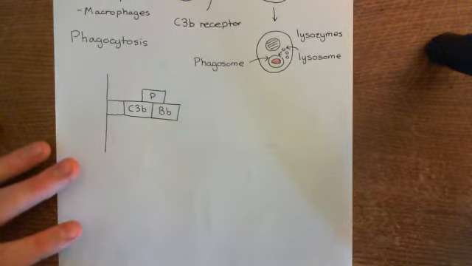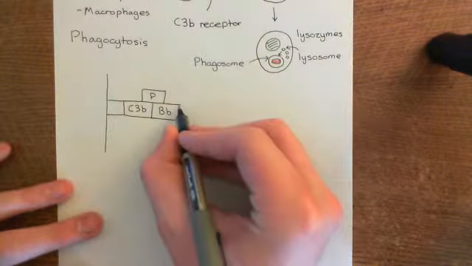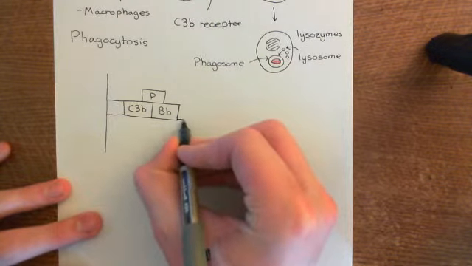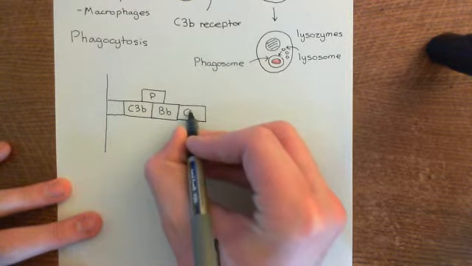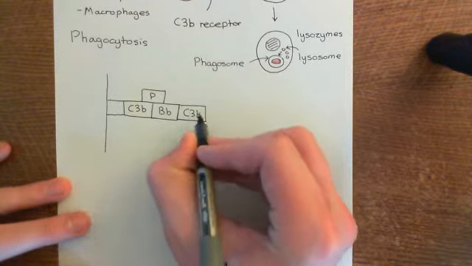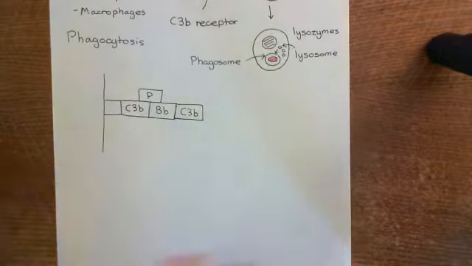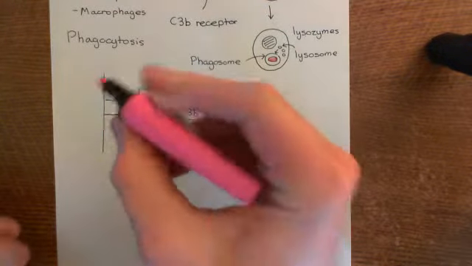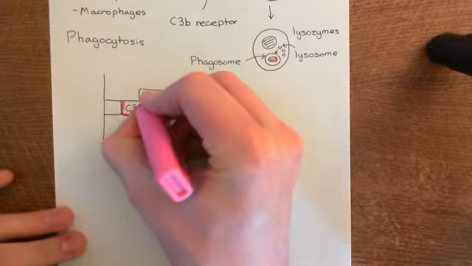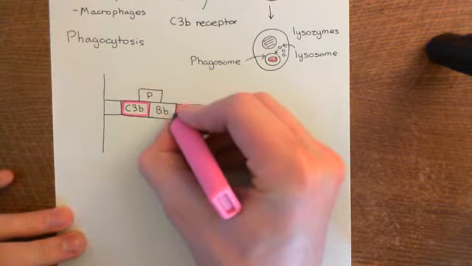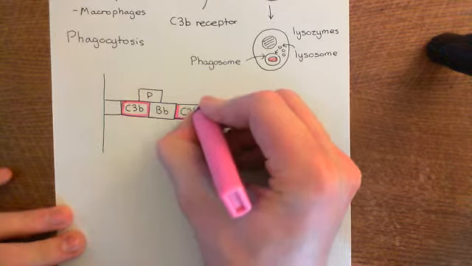Now, some of the C3b that you are producing can actually bind onto this complex. Okay, so another C3b protein can come and bind here. Let me colour this in. So we'll have the C3b in vivid purple here, and this also is a C3b protein here.